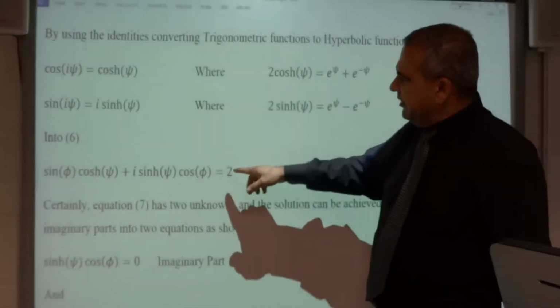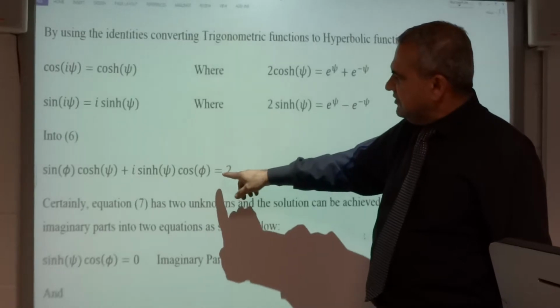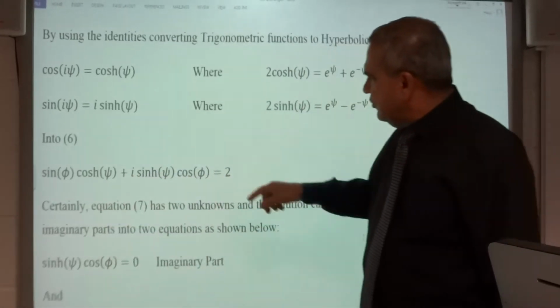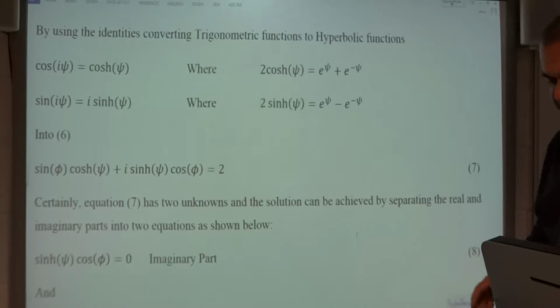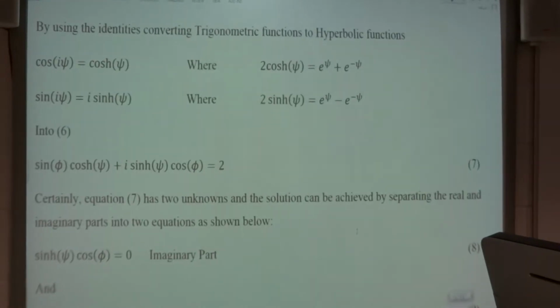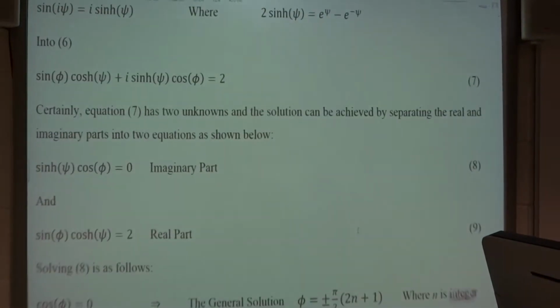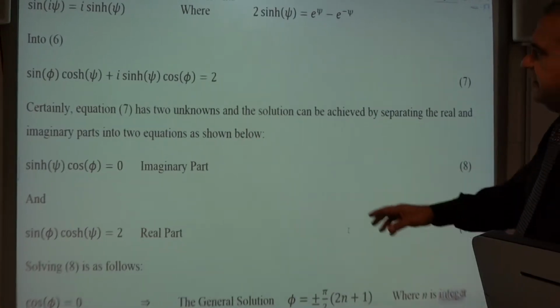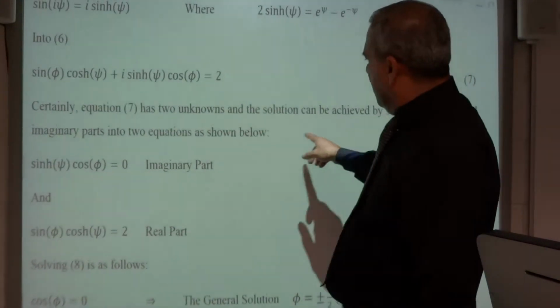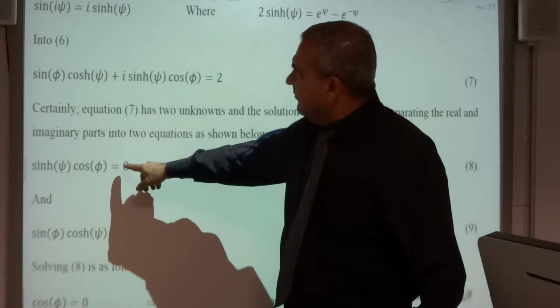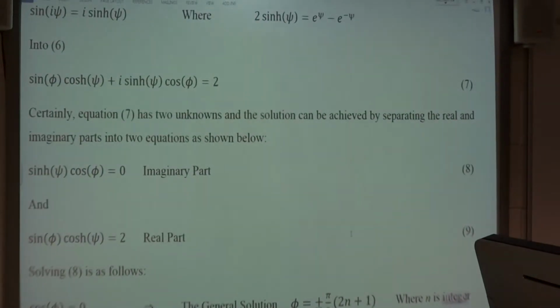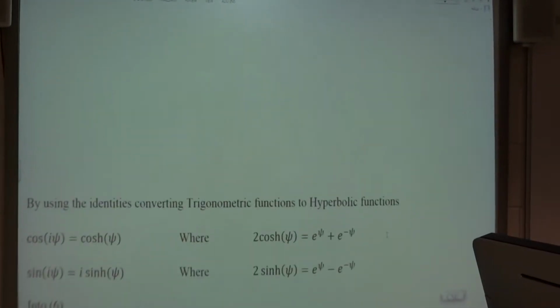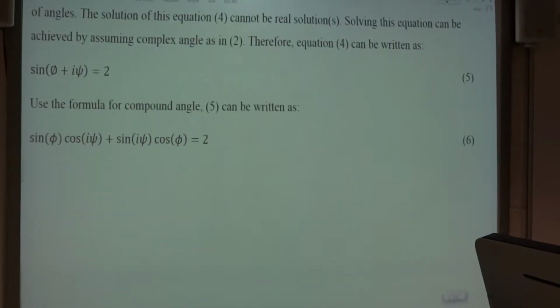From the above equation, you notice that the real part is going to be equal to 2, because the right hand side of equation 6 has only 2, and the left hand side in terms of the i component is equal to 0. So the i component is equal to 0 and the real component is equal to 2.